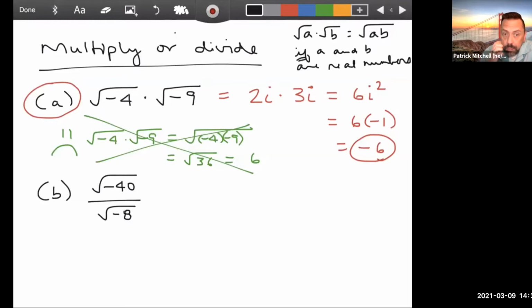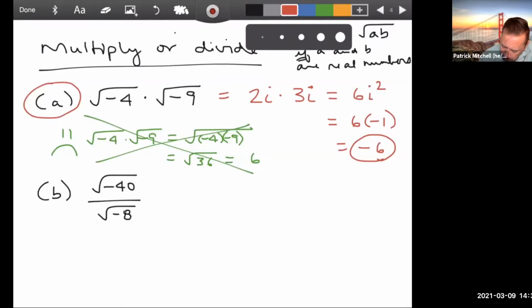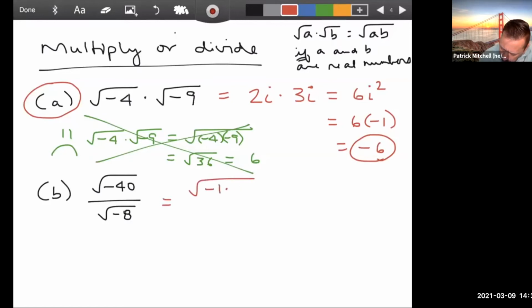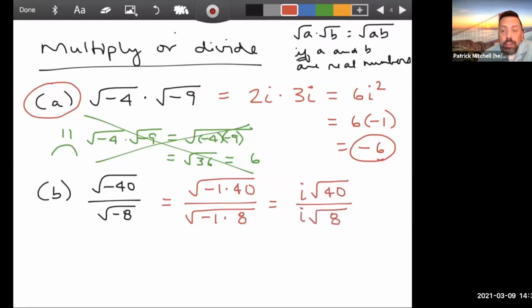All right, letter B, believe it or not, actually ends up being a little simpler because what you can do is just write this as the square root of -1 times 40, over the square root of -1 times 8. So you're going to get I times the square root of 40 over I times the square root of 8. And then you can just cancel out those I's.